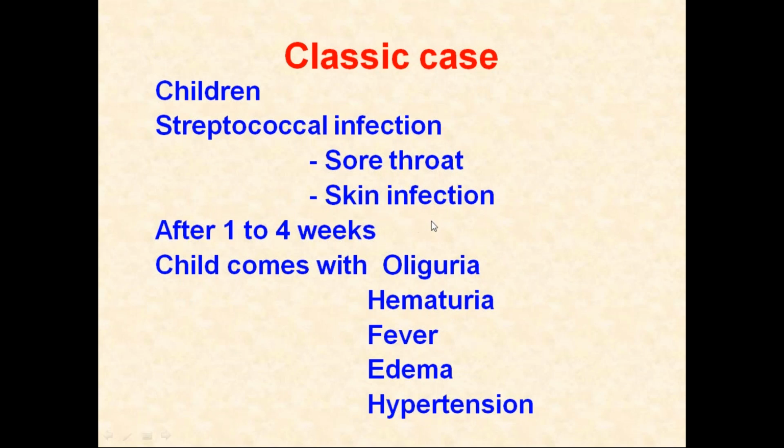Classically, acute proliferative glomerular nephritis is associated with streptococcal infection. It is most common in children, associated with sore throat and skin infection.